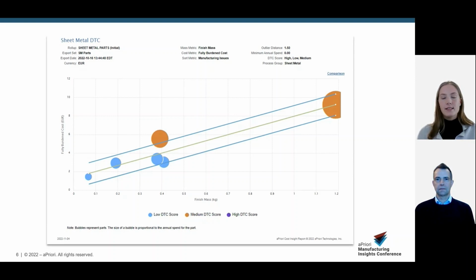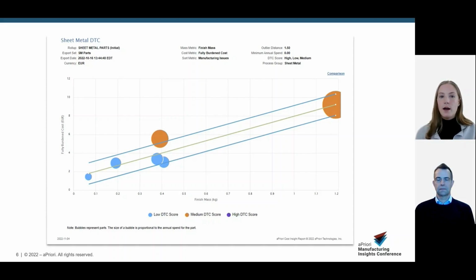On the y-axis, we are looking at fully burdened cost, and on the x-axis, we are looking at finish mass. So we are comparing cost over mass across a set of similar components. The green line that you're seeing is the line of best fit, and the blue lines are outlier distance lines that can be configured in the input controls.